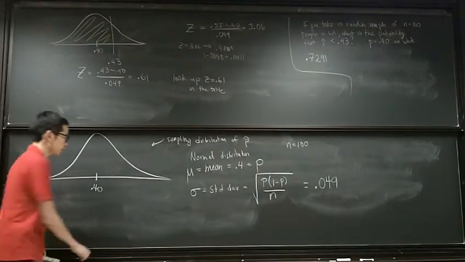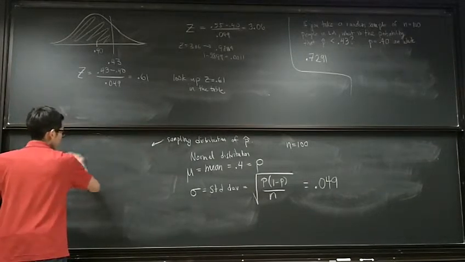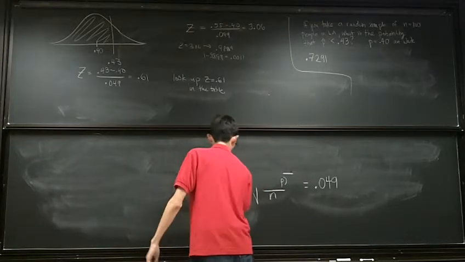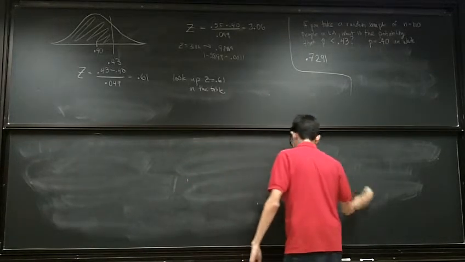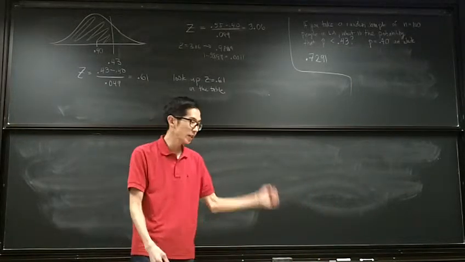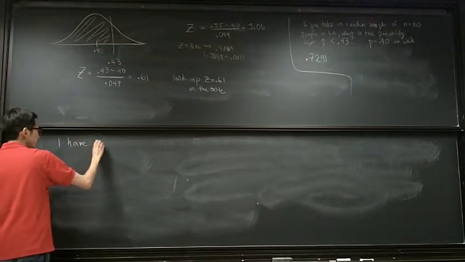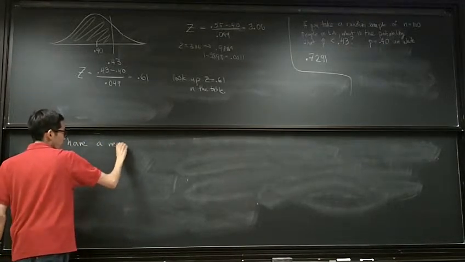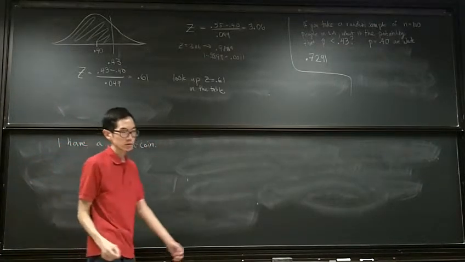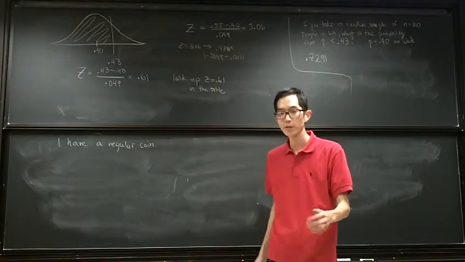Let's try another example. Okay. Let's say I have a coin, a regular old coin, and I'm going to flip it 30 times.